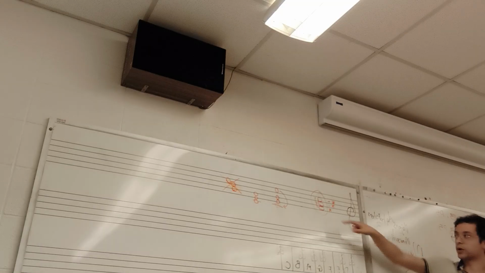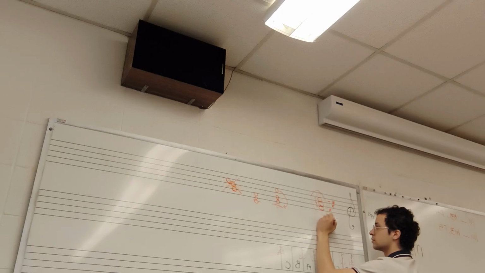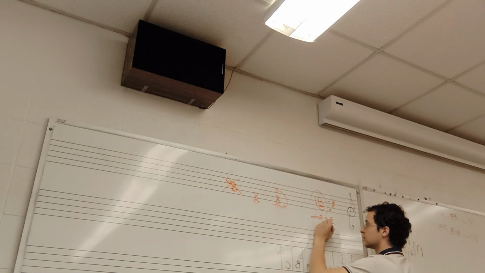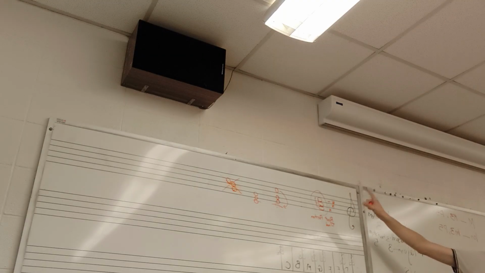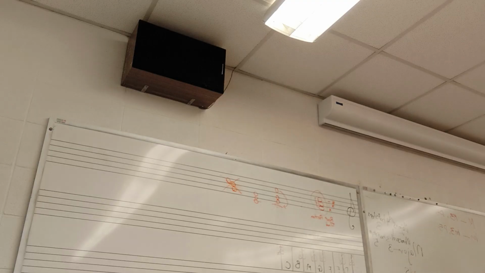By the way, this is what we call a root position triad, and that's what we're working with right now, as opposed to the inversions. Okay, so root position triad, snowman-looking triad.